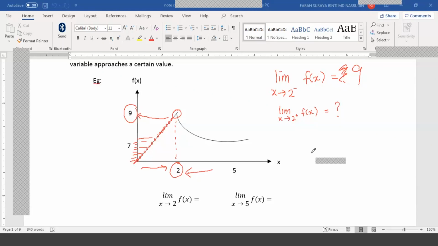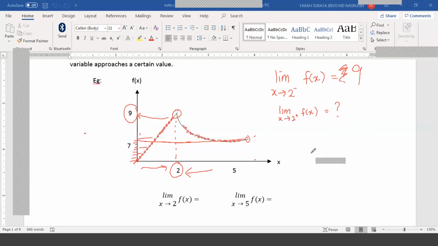Okay, and then kalau kita tengok menghampiri sebelah kanan, approaches to from the right side. Okay, dia daripada sini. Sini tak tahulah nilai Y dia berapa. Mungkin dekat sini nilai Y dia 7.2 ke kan? Okay, and then dia akan turun sikit. Lepas tu dia naik balik.